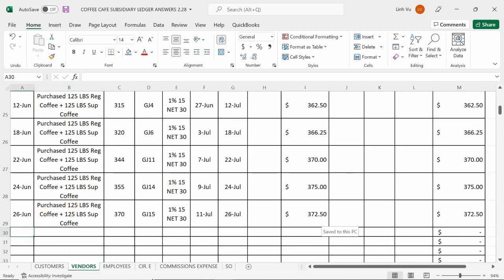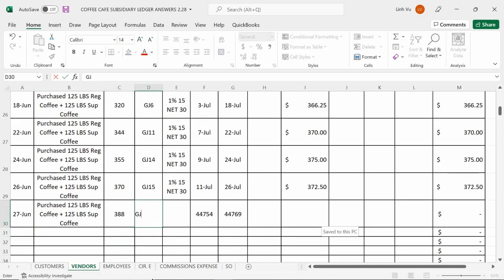Okay. So here you go, 6/27, right? We received 125 pounds of regular coffee, 125 pounds of Supreme coffee. Invoice number 388, General Journal 17, right? We still get the same opportunity for a discount.